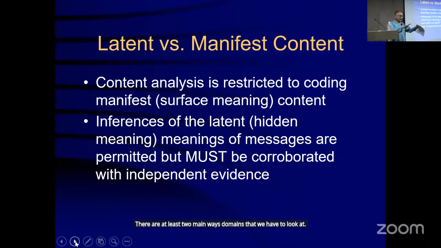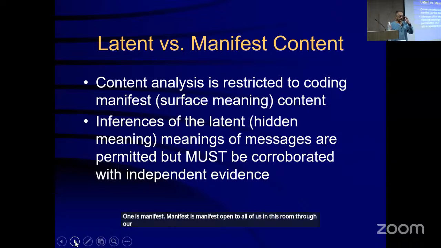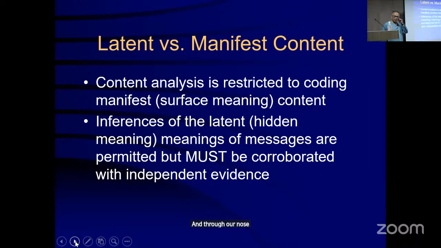One is manifest. Manifest is open to all of us in this room through our eyes and through our nose, I guess through our ears, and maybe even touch. And so with these, we all can see around us. That's manifest content.